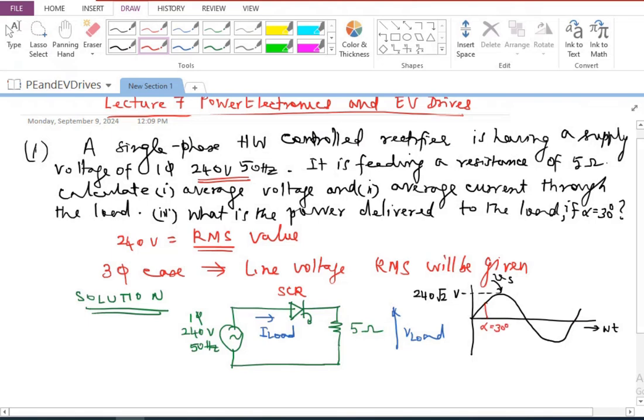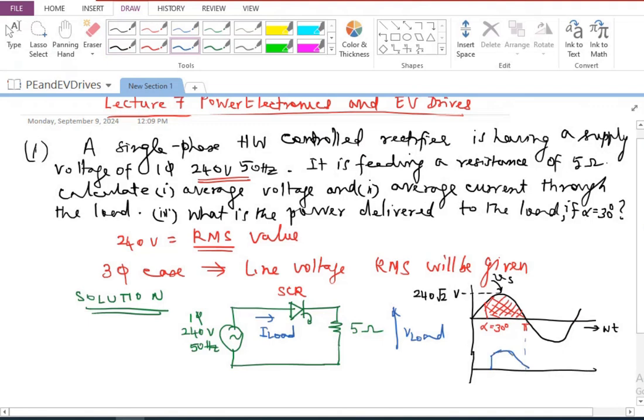Because it is the resistive load, we will get this entire thing coming up as the output voltage. So it will be from alpha to pi. That is what is showing up as the output voltage. As far as the current is concerned, let me draw the current as well. We are going to have the current starting from 30 degrees, and it will come up like this.